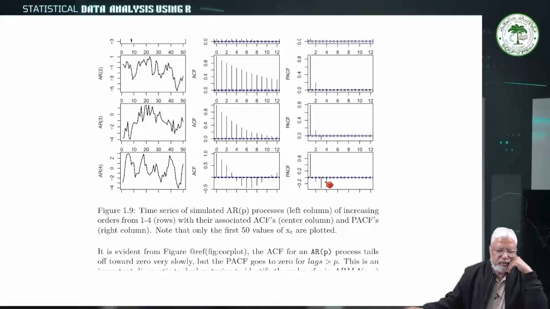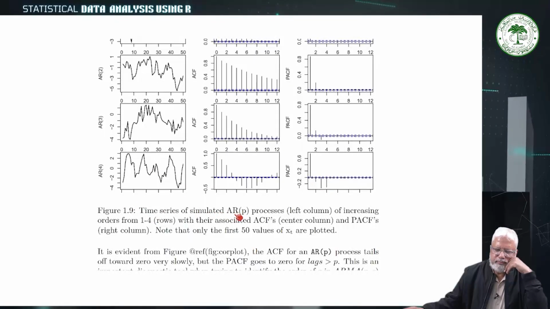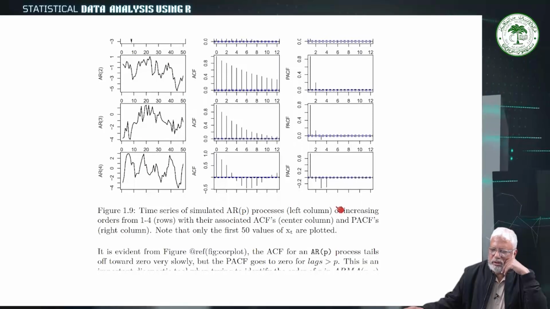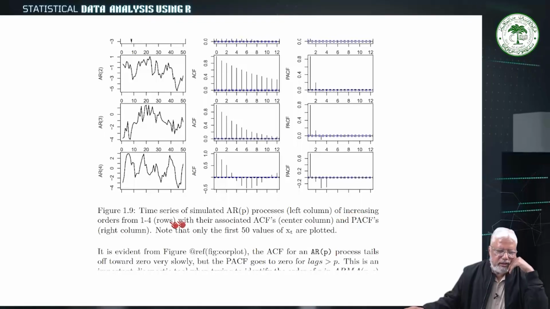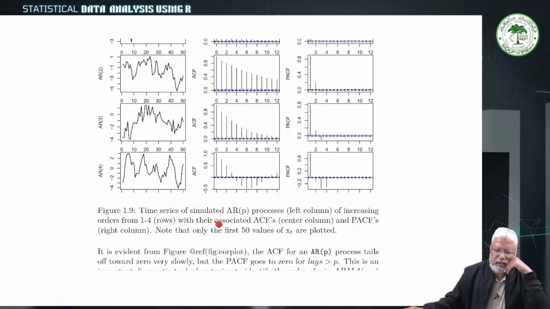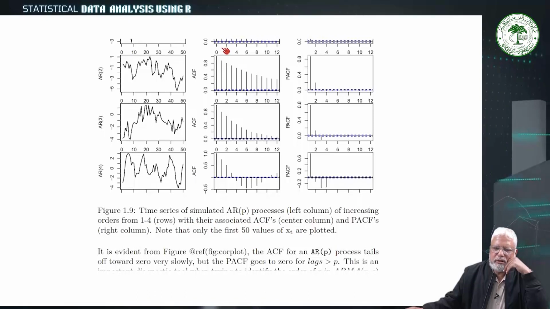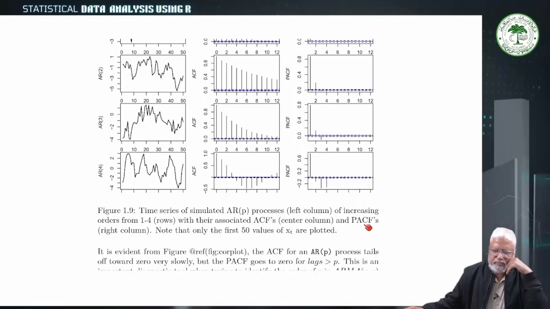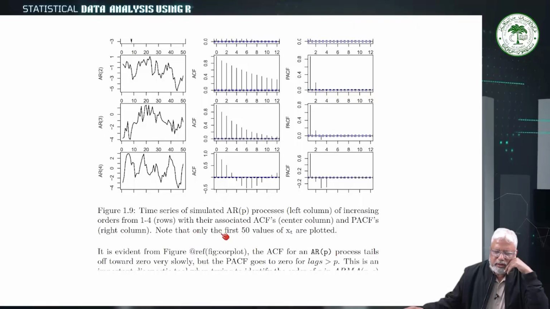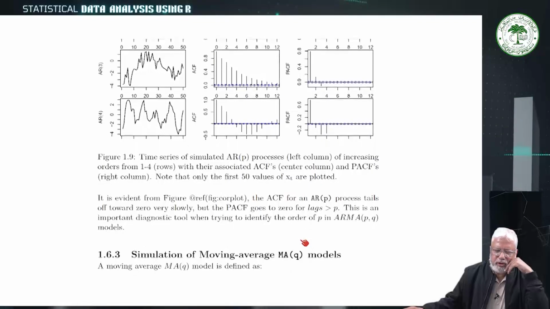See figure 1.9: time series simulated AR(p) process. Left column: time series of increasing order 1 to 4 in rows, with their associated ACF in the center and PACF in the right column. Note that the first 50 observations of x_t are being plotted.